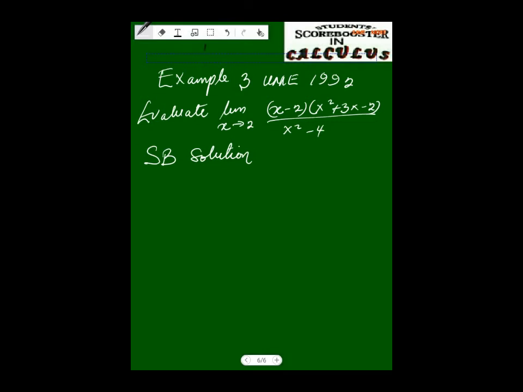So what we're going to do here is we also see how we can factorize. Let me just rewrite the question: x minus 2, then x squared plus 3x minus 2 over x squared minus 4.